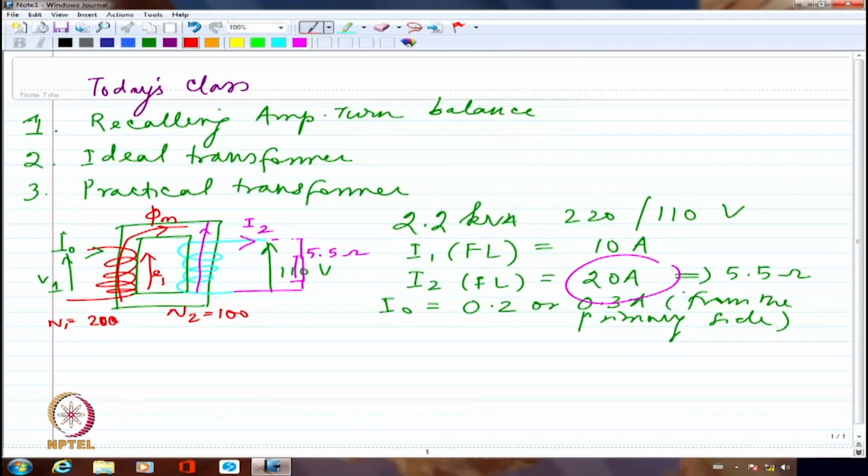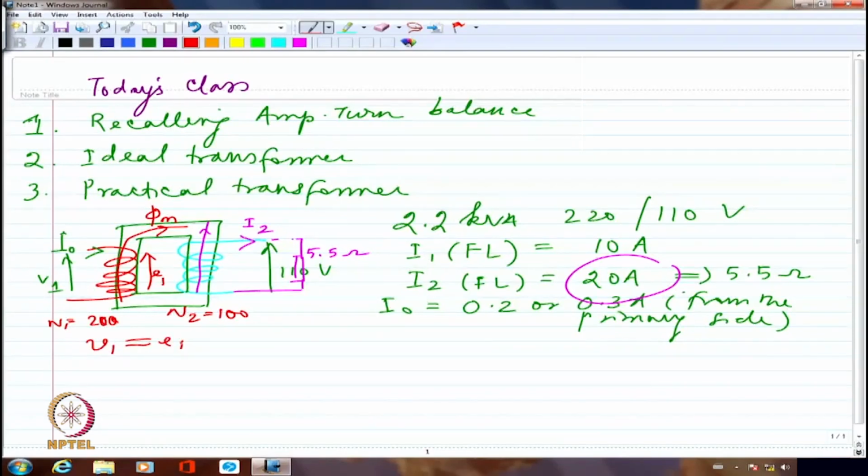That is what was making the current flow, right? Originally V1 was equal to E1, especially under no load condition. There was no drop because the current was only 0.3 ampere, so the drop was negligible.